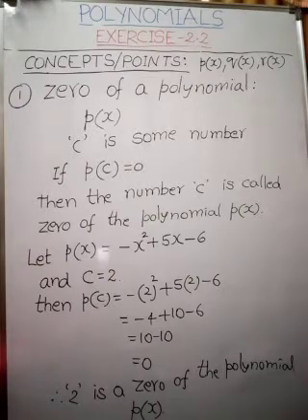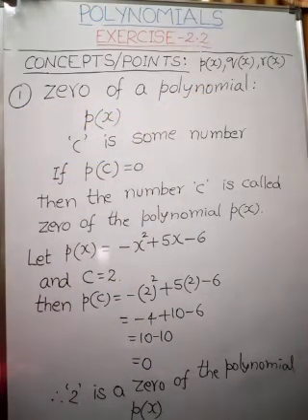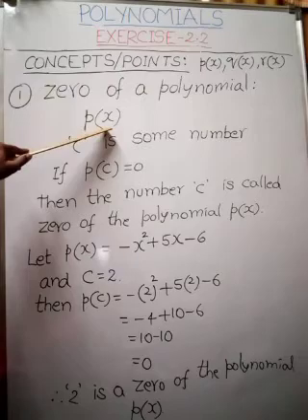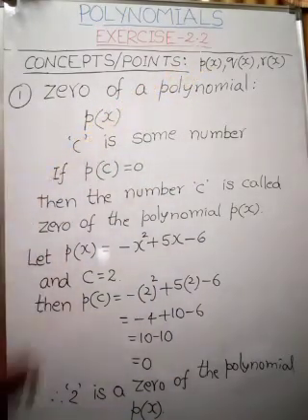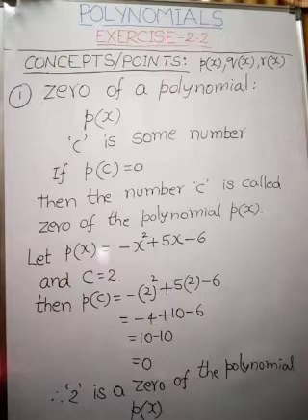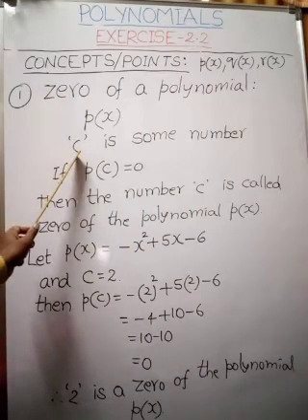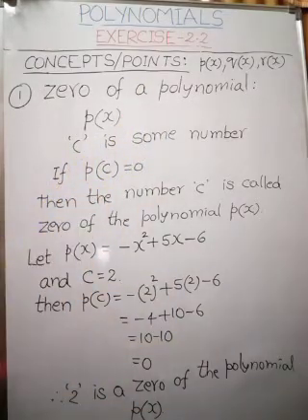Now, come to the first point. What is the first point? Zero of a polynomial. What is meant by zero of a polynomial? Suppose P of x is a polynomial. Previously I told you, P of x denotes a polynomial in x. And c is some number. It may be 1, it may be 2, it may be -5, it may be 2 by 3. It is some number.